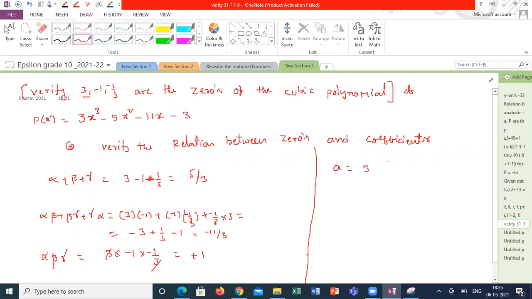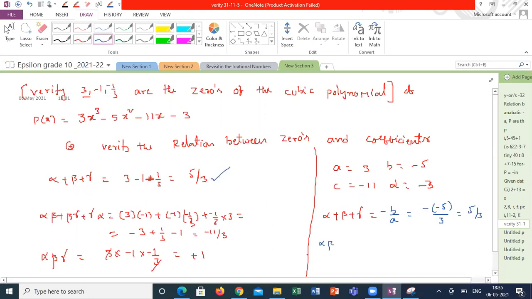A is equal to 3, B is equal to minus 5, C is equal to minus 11, D is equal to minus 3. Alpha plus beta plus gamma is equal to, according to the discussion, minus B by A, minus of minus 5 by 3, 5 by 3. So sum is verified.